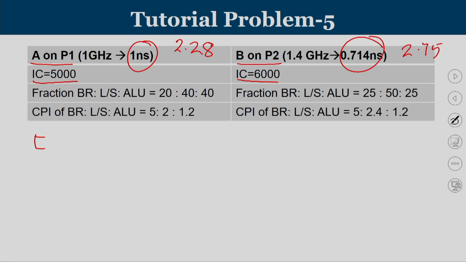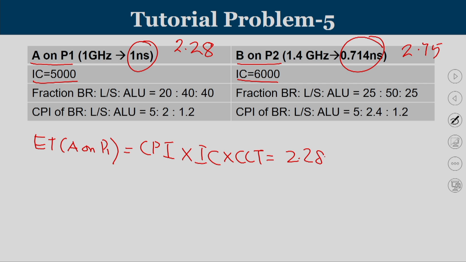So, execution time of A on P1, that is CPI into instruction count into clock cycle time. So, that will come to 2.28 into instruction count is 5000 into clock cycle is 1 nanosecond.